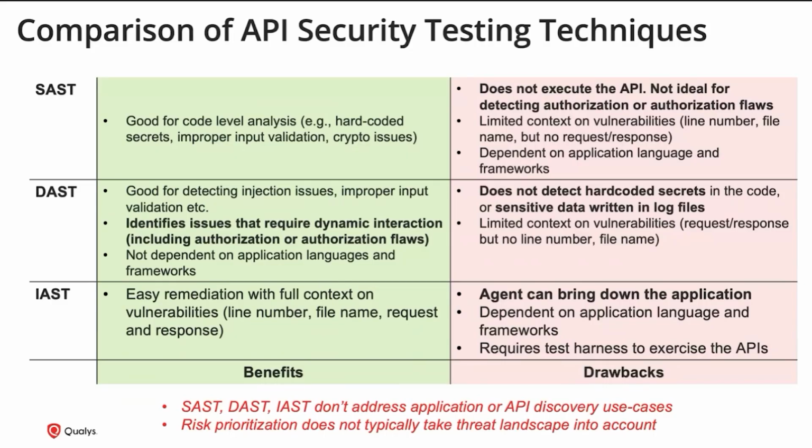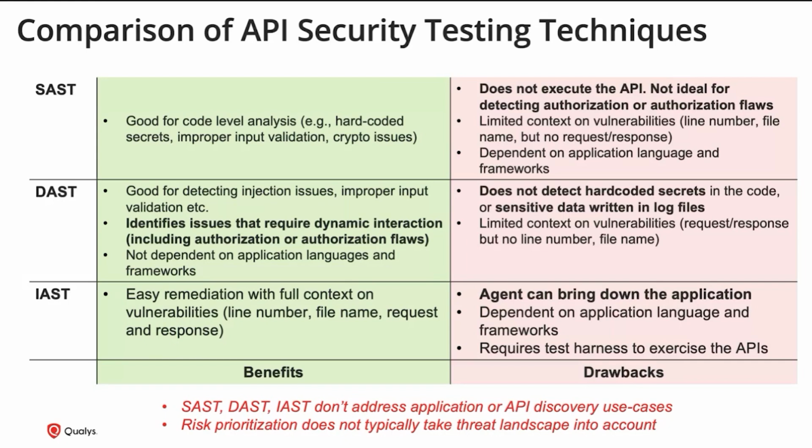Now let's look at different techniques that are used for testing APIs. There is static analysis, and it's good for code level analysis like finding hard-coded secrets, improper input validation, and things like that. But SAST does not execute the APIs.